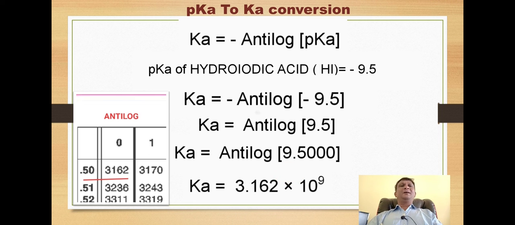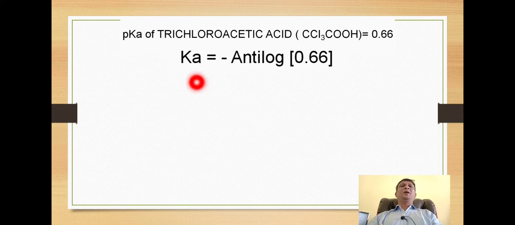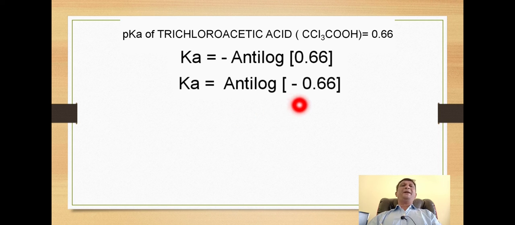Now we will take a second example. The pKa of trichloroacetic acid, that is CCl3COOH, is 0.66. So when we put this value into the equation, it will become Ka equal to negative anti-log of 0.66. That means it is anti-log of minus 0.66.